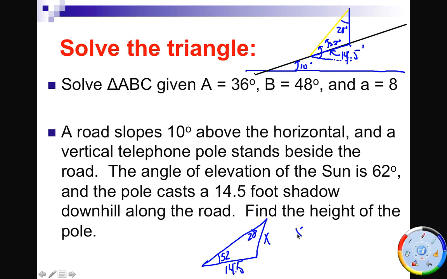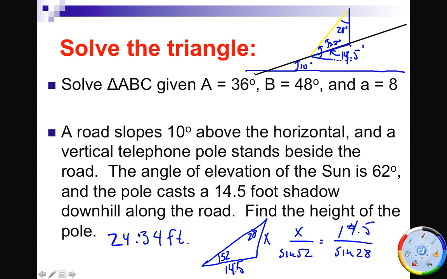So we get x over the sine of 52 equals 14.5 over the sine of 28. I forget what it is off the top of my head. .33. So that means the pole is 24.34 feet high or tall.